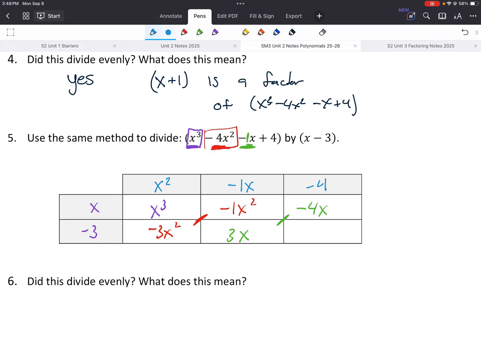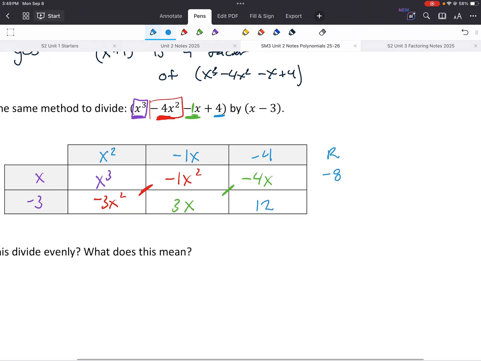This has to be a negative 4. Multiply to give us 12. But wait, we don't want it to be 12. We want it to be 4. So the remainder is minus 8.